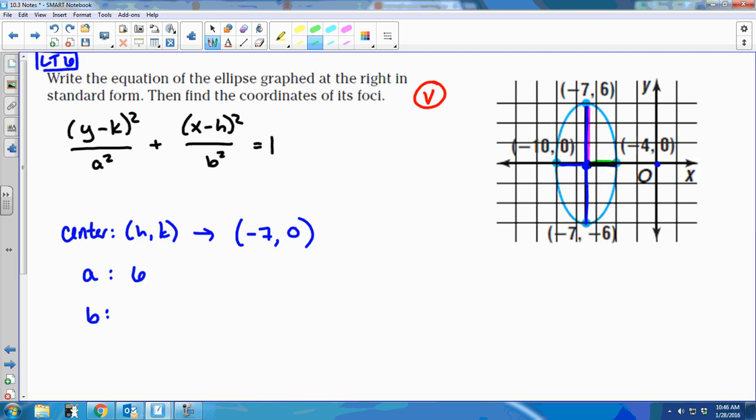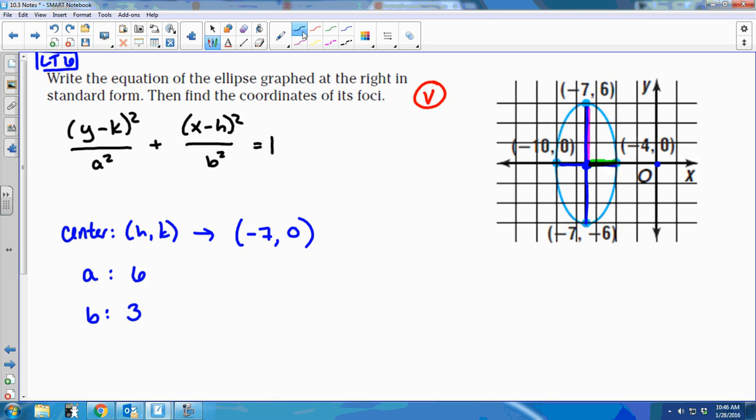So that's this distance. Almost. 3. Very tricky, the graph. Okay, sorry, that's 2 units. I'm going to pick the example that has counting things that could be messed up instead of a basic one. Sorry. All right, if we have all this information, we can plug it into the equation.